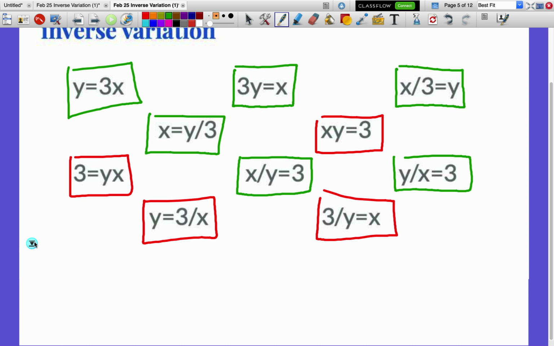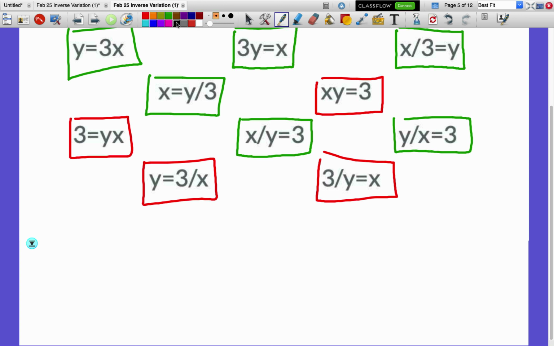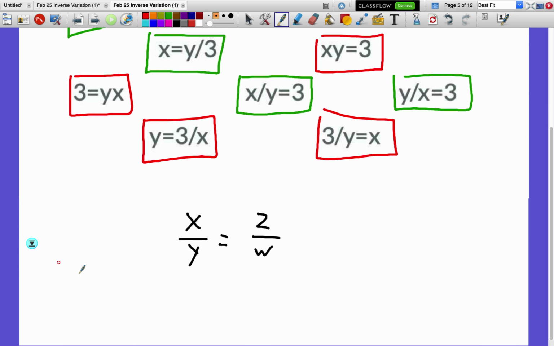So here's one thing to help you keep these straight: write out the fraction x over y equals z over w. Doesn't matter what variables you pick. But if you can ever get your fraction or your function to be a fraction equals a fraction, then you just look where the variables end up.